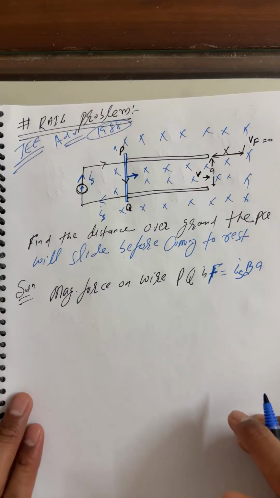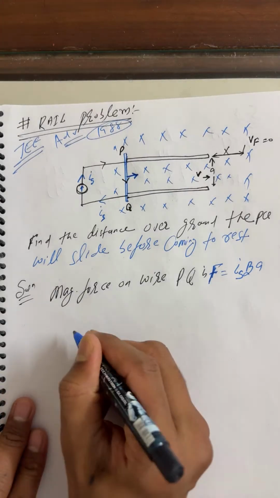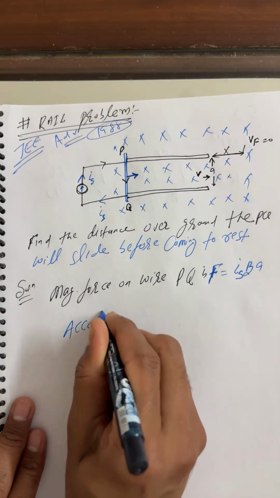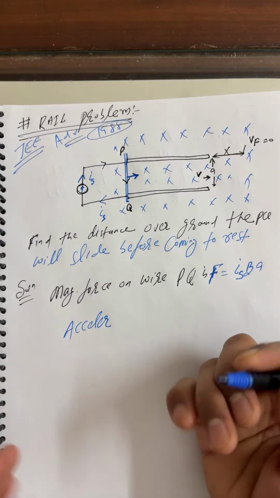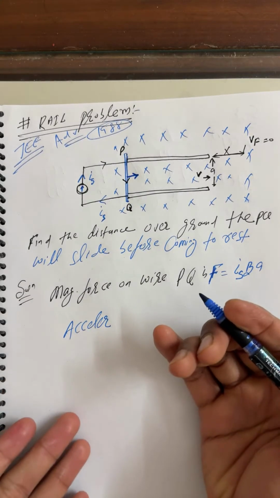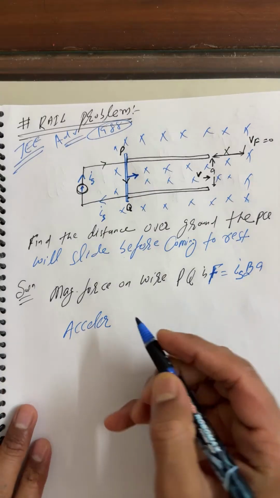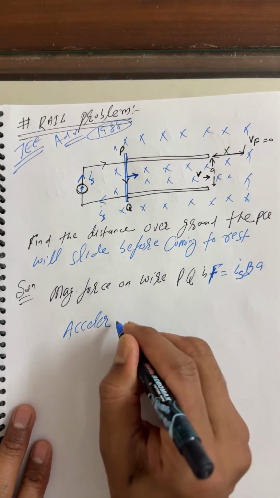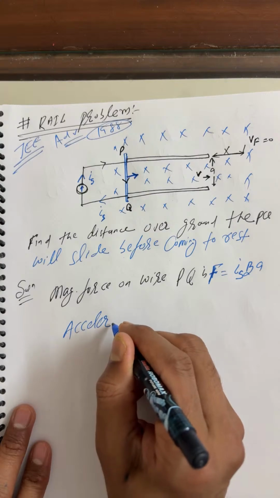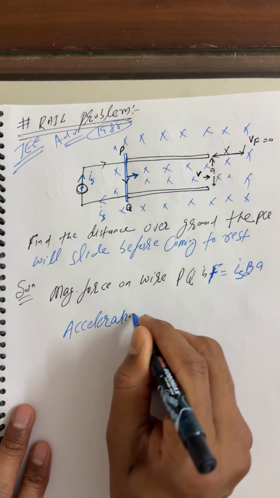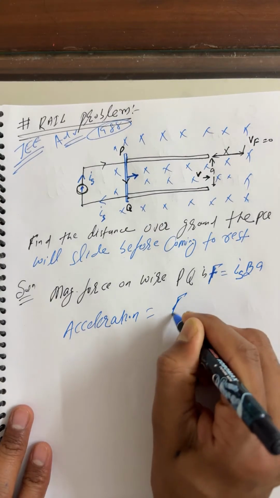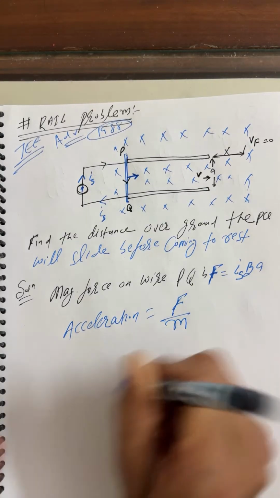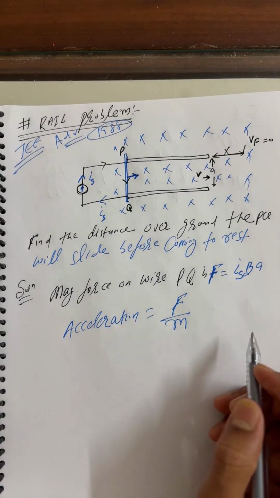Okay, now students, I'm going to write the expression of acceleration. Because if a particle gains force, then we can also write the expression of acceleration. This is force per unit mass.